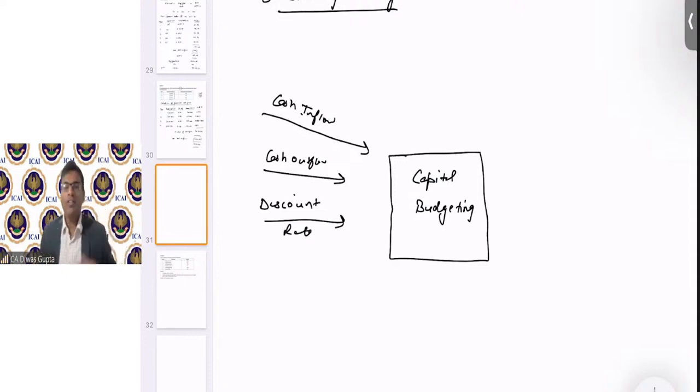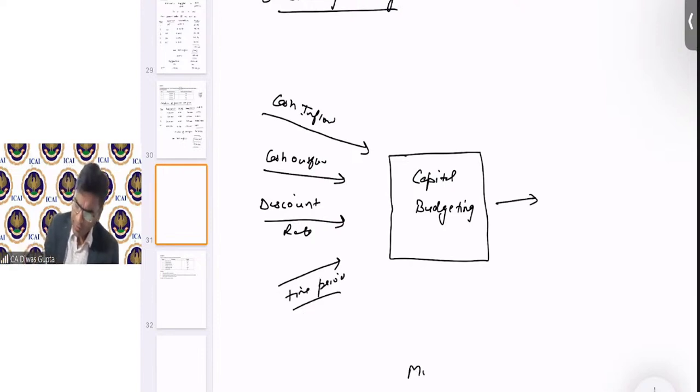Whatever goes into that model is an input. Then another one will be, let's say, time period. Broadly, these are the inputs. Then this is the model. This is the inputs.